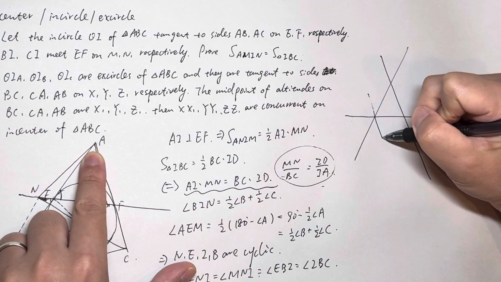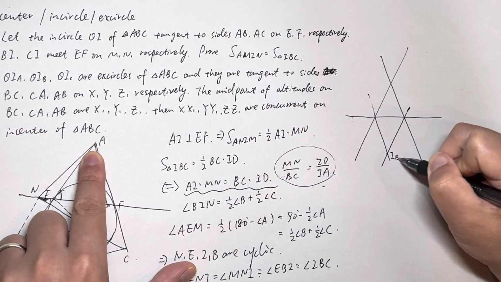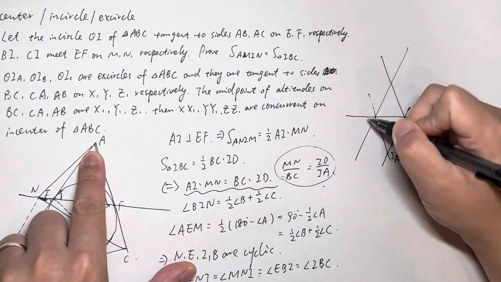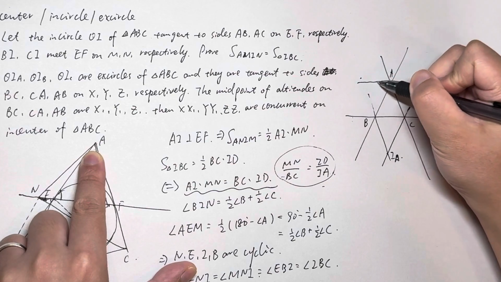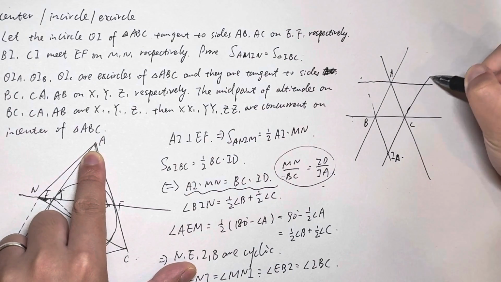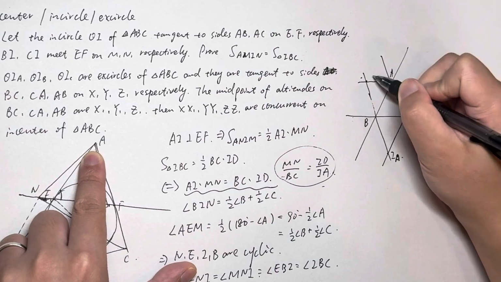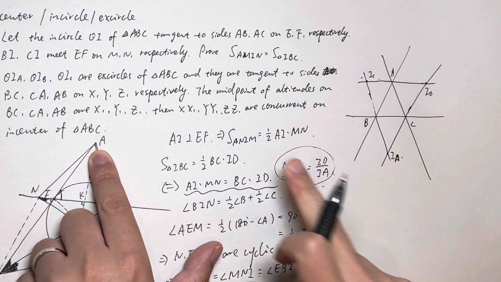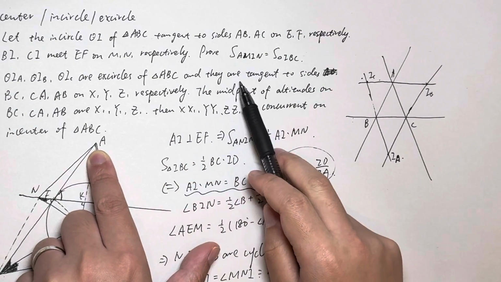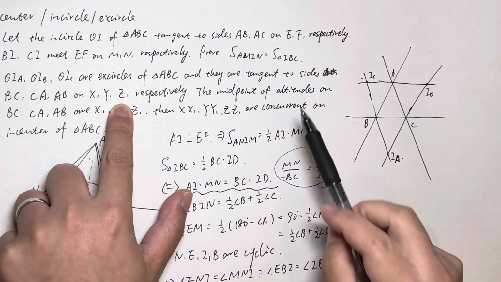Roughly, we can have IA here, B, C, A about here, and we have IB here, IC here. And they are tangent to the sides BC, CA, AB at X, Y, Z.